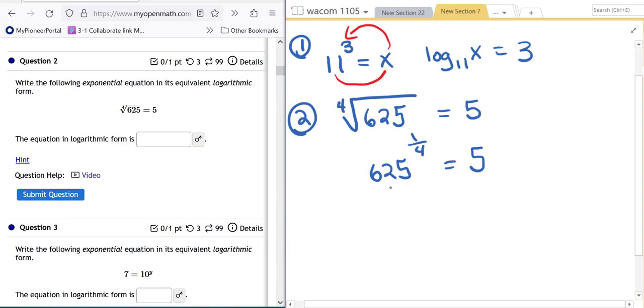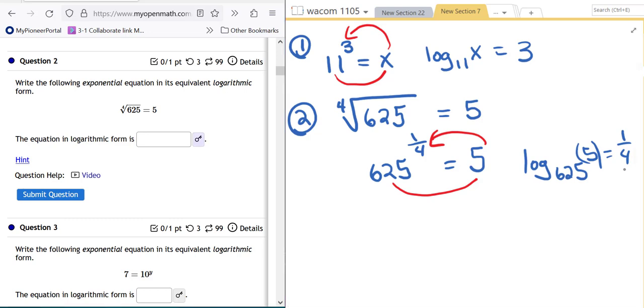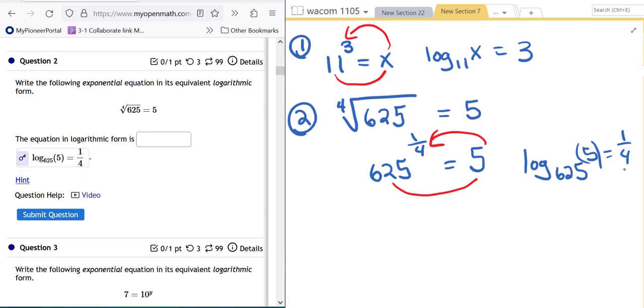Now we want to switch it to log notation. And so we're going to do our spiral where you're going to start at the base and go this way. And so it will be log base 625 of 5, equals 1/4. And you guys stop me if you have a question as we go.